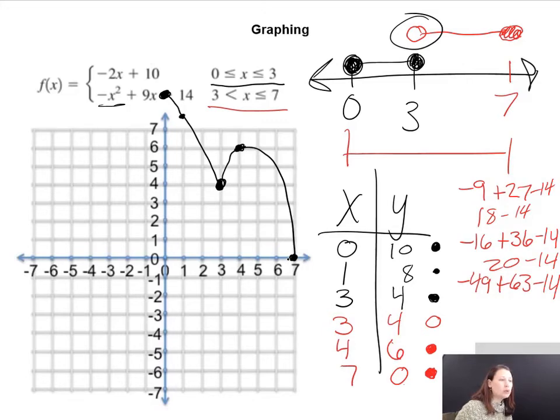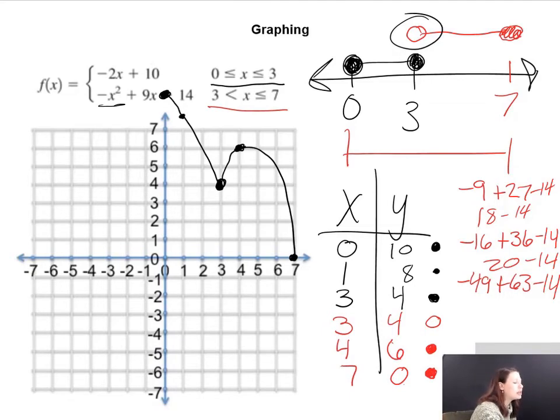But that's more or less how we graph a piecewise function. You have to look at each piece and find points, plug them in, okay? Not too bad. It's kind of like graphing multiple graphs just on one Cartesian plane.